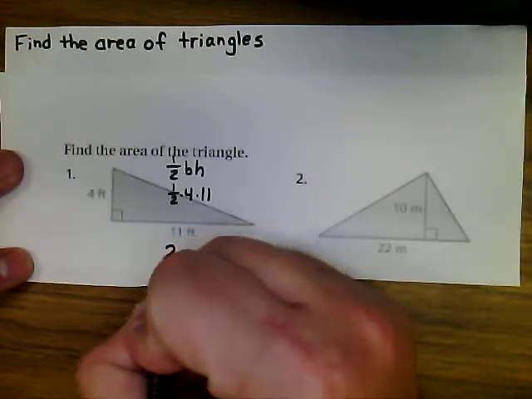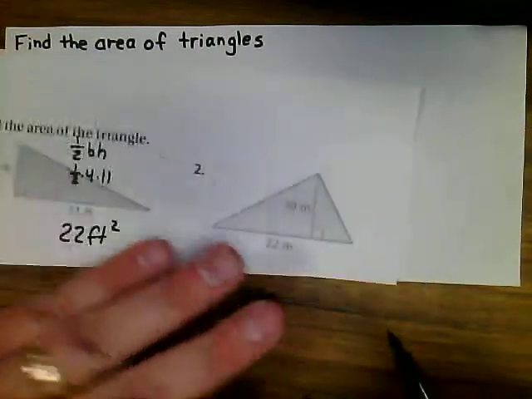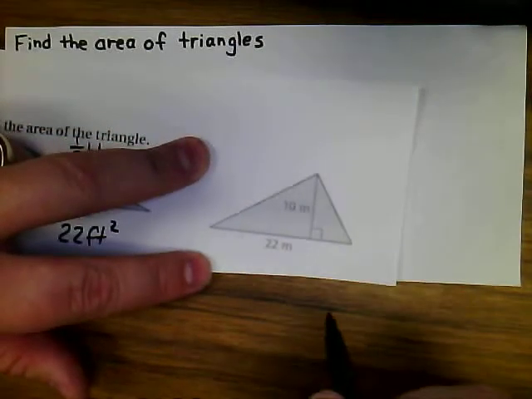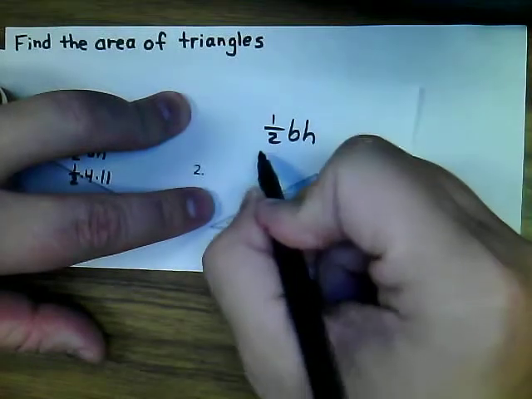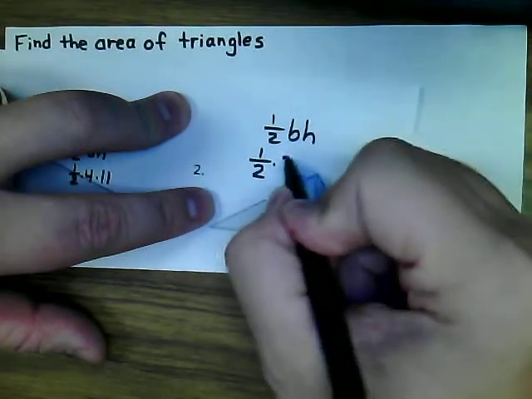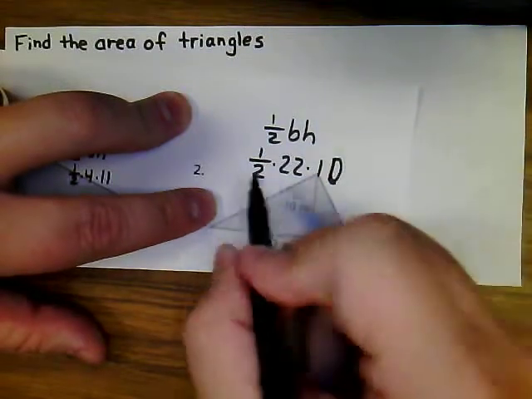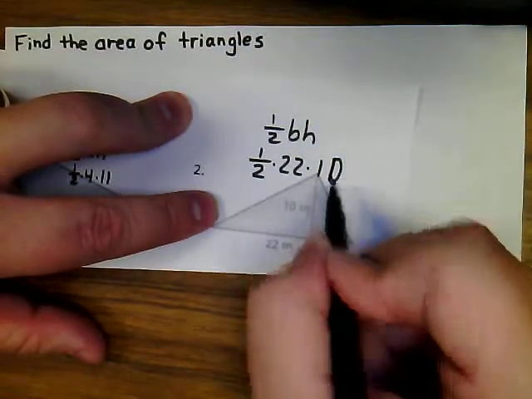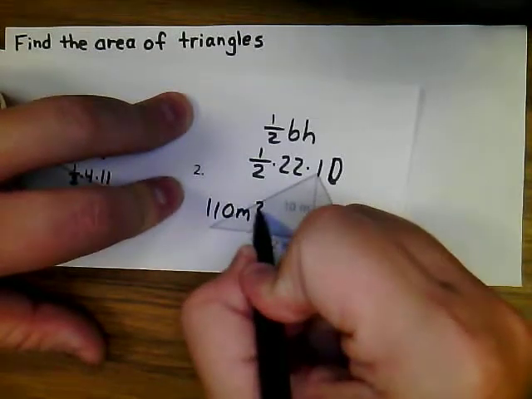So you have 22 feet squared. In this one, your base is 22, your height is 10, so we have 1/2 times base times height, 1/2 times 22 times 10, and we know 1/2 of 22 is 11. 11 times 10 is 110 meters squared.